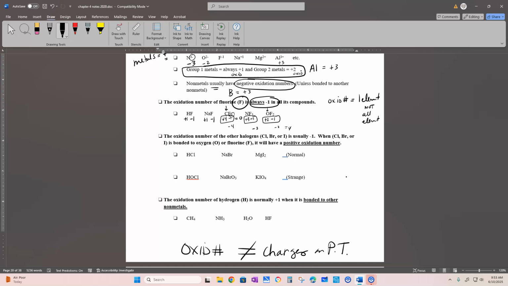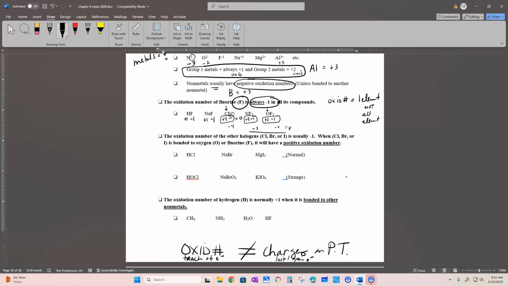Oxidation numbers are a tracking of the electrons. Charges just tell me how many electrons they lost or gained. Oxidation numbers tell me who actually lost the electrons or who gained the electrons, but it's a tracking system to keep track of the electrons.